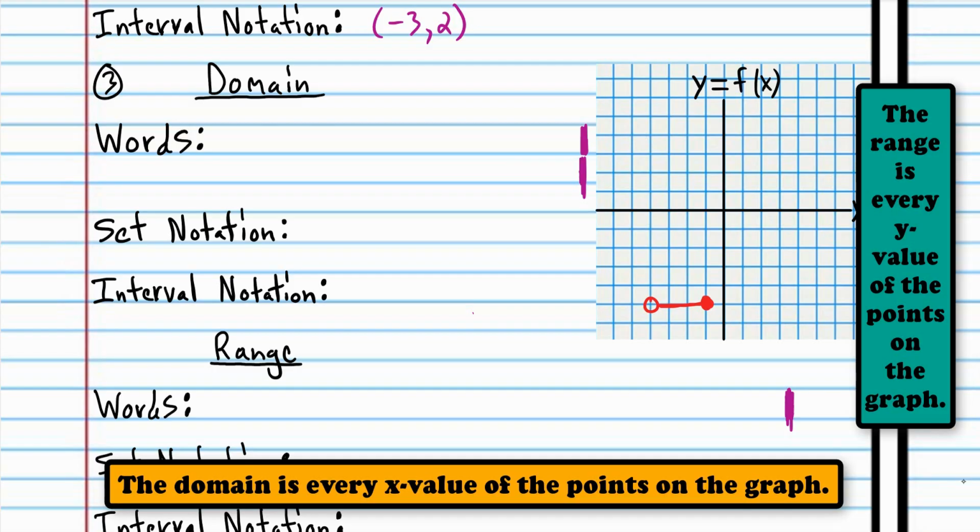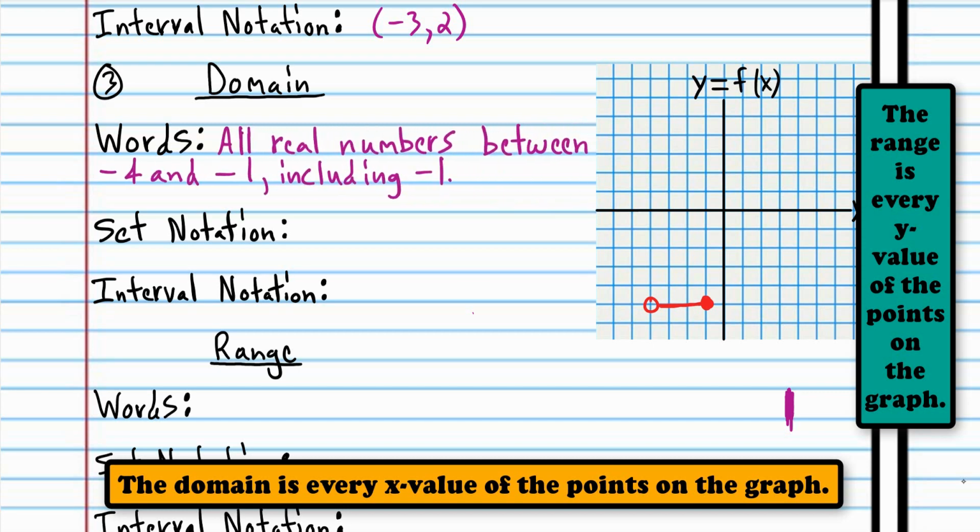Now all the x values of the points on this graph are between -4 and -1. So the domain is all real numbers between -4 and -1, but we have to say including -1 because there's a filled in dot at -1.